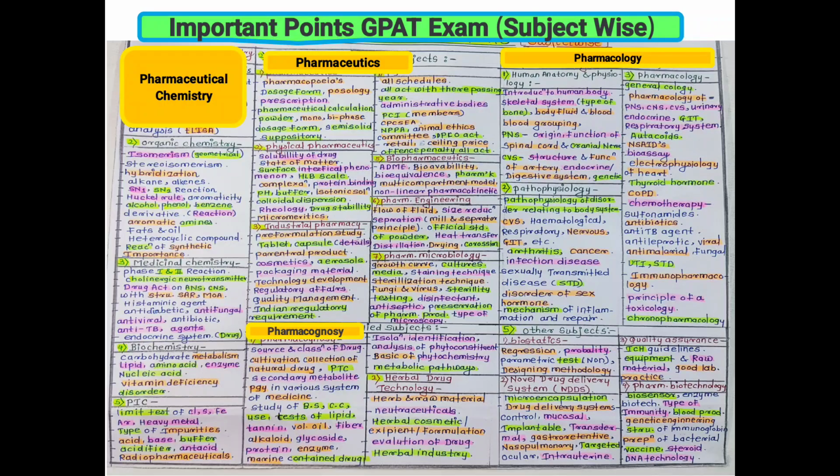clinical trials. So this subject is also very important, especially questions will be asked directly. Also drugs acting on central nervous system, parasympathomimetics, sympathomimetic, local anesthetic, general anesthetics. In drugs acting on central nervous system, in that sedative and hypnotics, antidepressant.